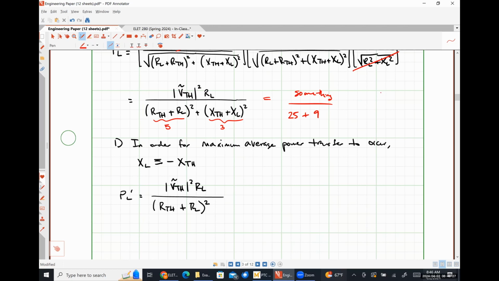Now let's say that I had that same something over 25 plus 0. Which of these numbers is bigger? The one on the right. So that's why we need to get rid of that reactance, and the only way that happens is if our load reactance cancels out our Thevenin reactance.